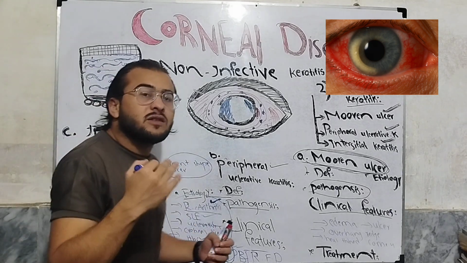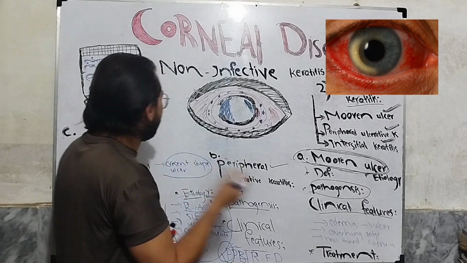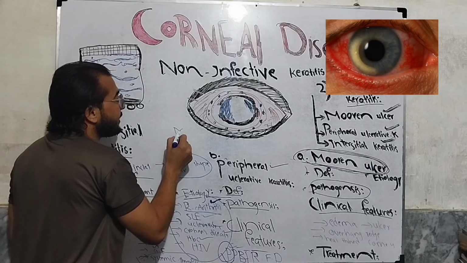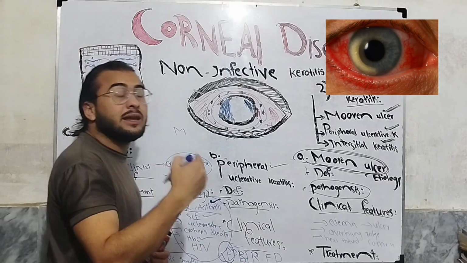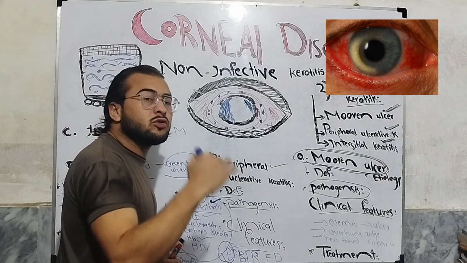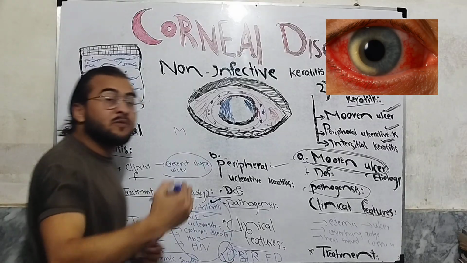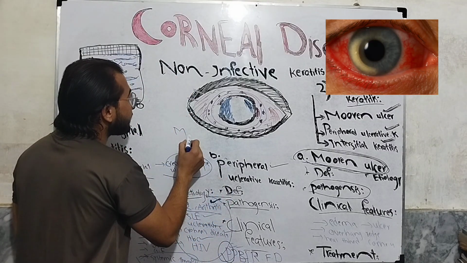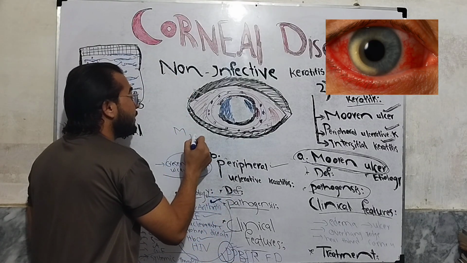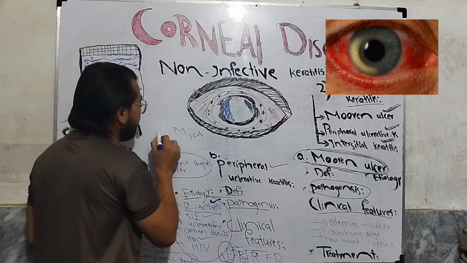Alternative drugs to the systemic steroids we can give, for example, methotrexate and azathioprine. These immunosuppressants are good alternatives for the systemic steroids.